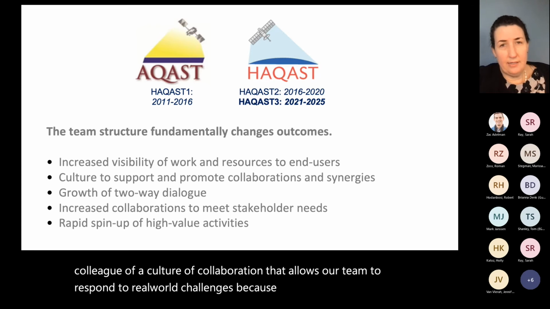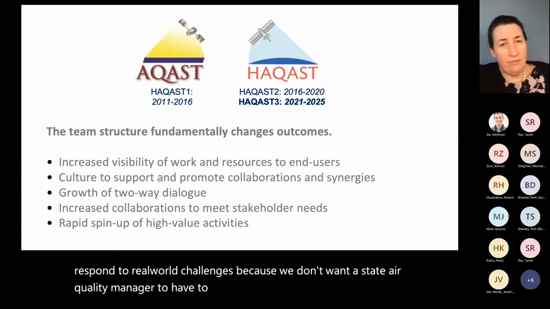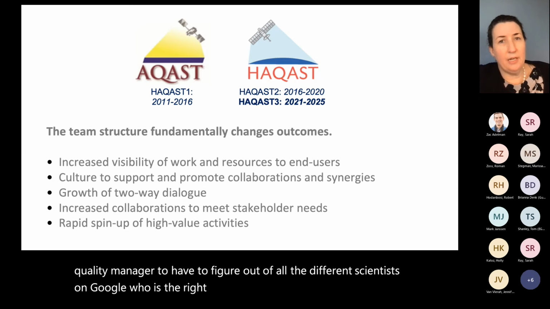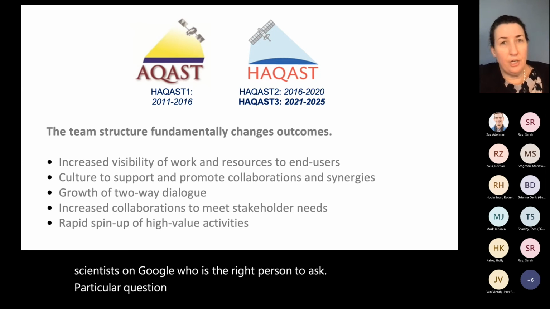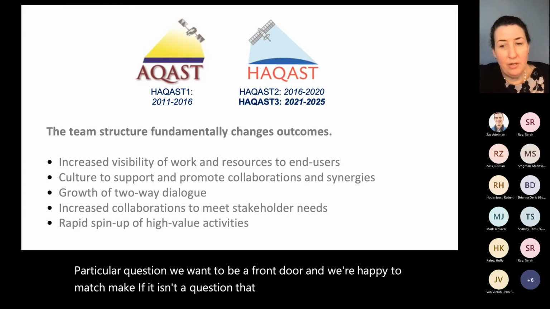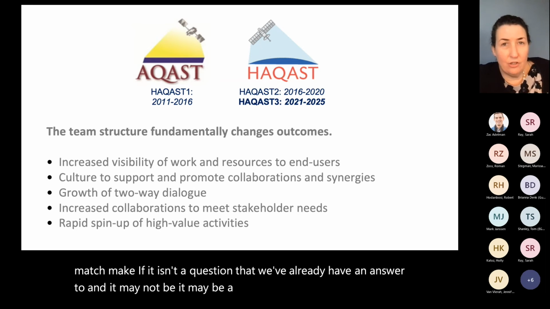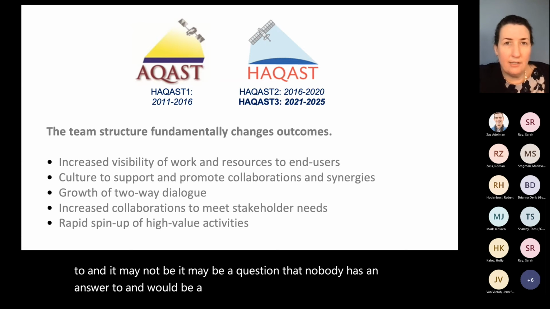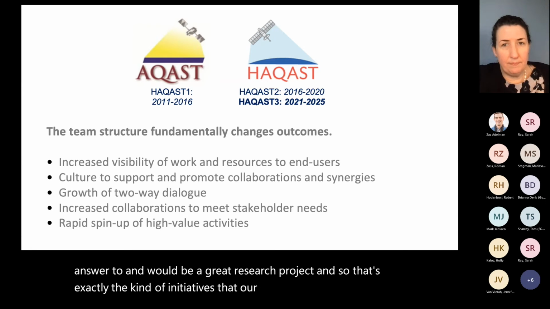Because we don't want a state air quality manager to have to figure out of all the different scientists on Google, who is the right person to ask a particular question. We want to be a front door, and we're happy to matchmake if it isn't a question that we already have an answer to. And it may be a question that nobody has an answer to and would be a great research project. And so that's exactly the kind of initiatives that our team moves forward.